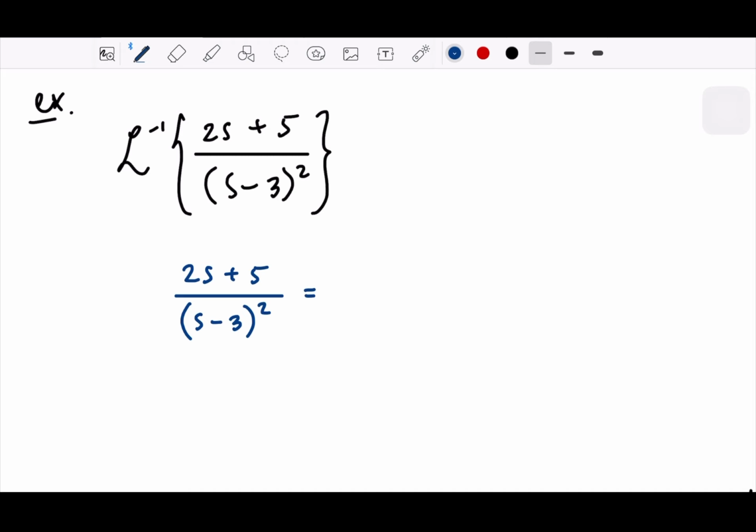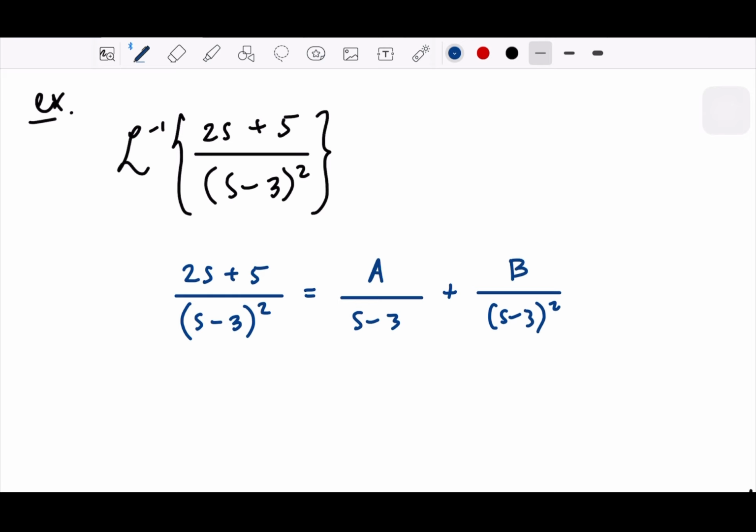So we take A over (s minus 3), and then plus B over (s minus 3) squared. Why do we need it this way, not just (s minus 3) and (s minus 3)? Because we want to make sure that the upper coefficient is just a constant.